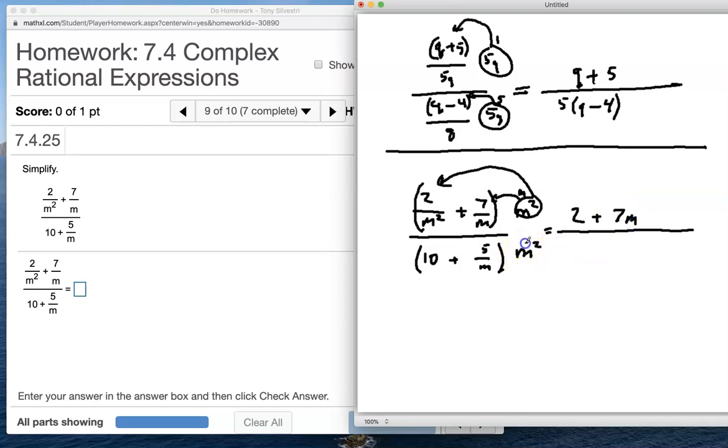Same deal here. Nothing cancels because 10's not a fraction. This is a straight 10m squared. Plus, circle and arrow this. M cancels, leaves you with 1, 5m.